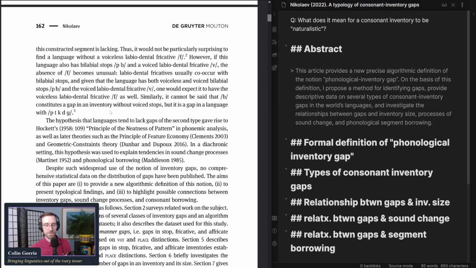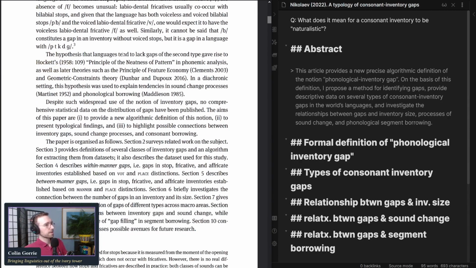If you have a language with just PTK, it's not that surprising that it wouldn't have B. If it had three stops and they were pataka, no one's going to say, isn't it weird that it doesn't have B? Okay.